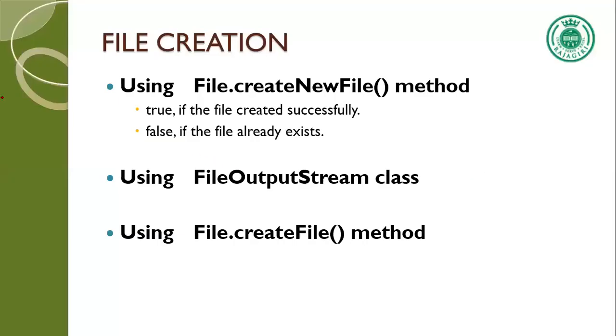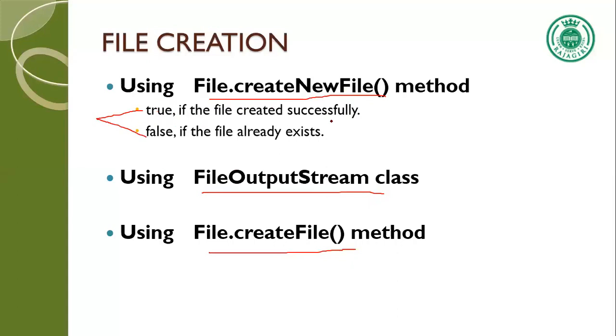Now we'll start our syllabus, how to create a file. We will see a few things today. Creating a new file, something called the file output stream class, and a method called create new file. Now the create new file method will either give you true or false.